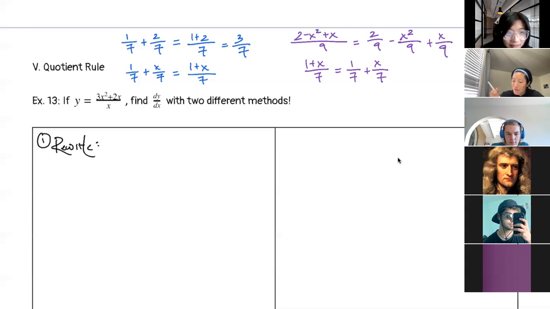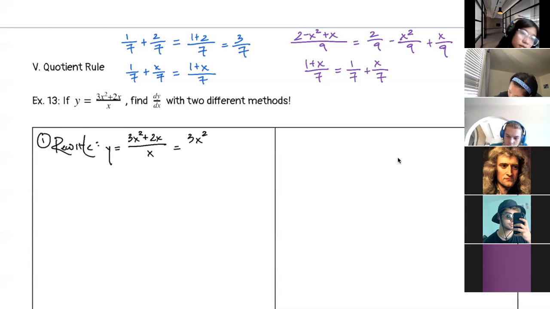All right, how do we rewrite this? Y equals 3x squared plus 2x over x. Three x squared over x plus 2x over x. Perfect. Same structure.